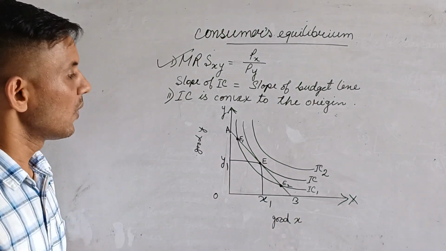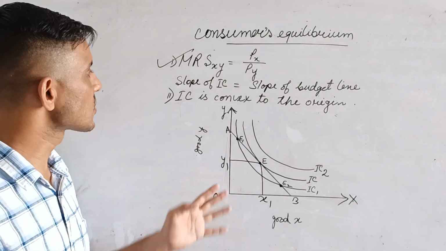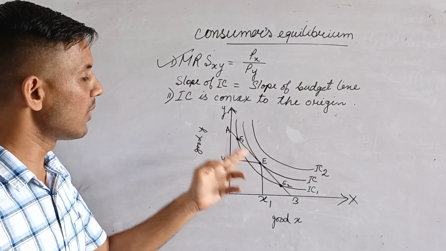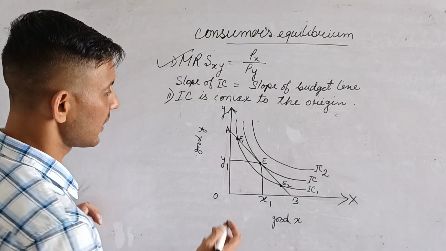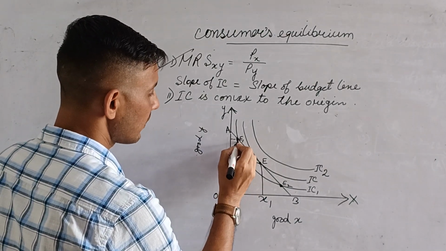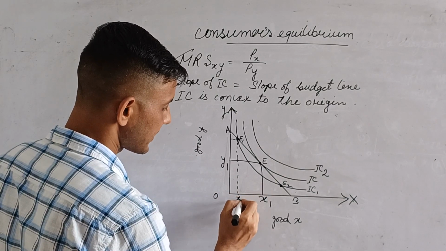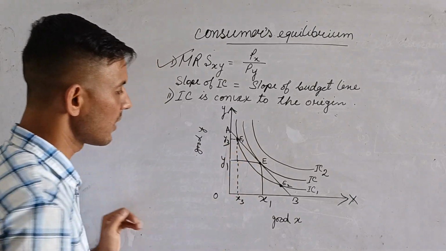Now you see why E1 and E2 are not equilibrium points. First, you already know that E1 and E2 are not convex to the origin. Another point: suppose you take E1, with X3 here and Y3 here.